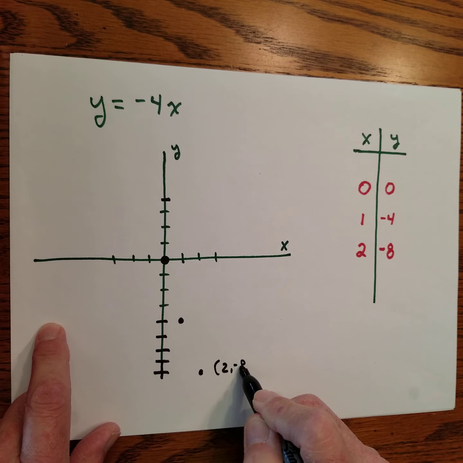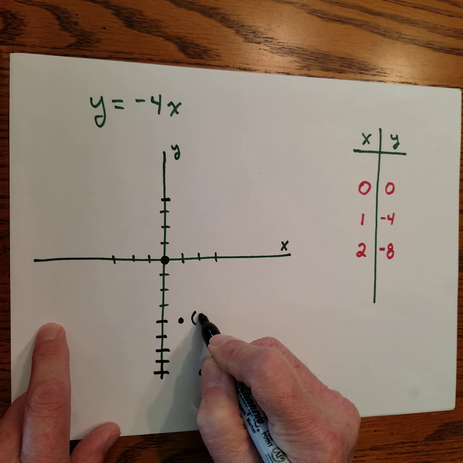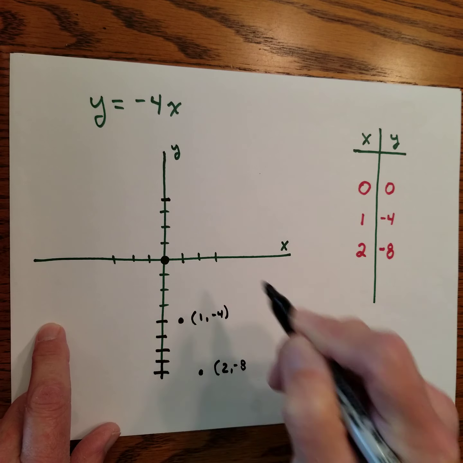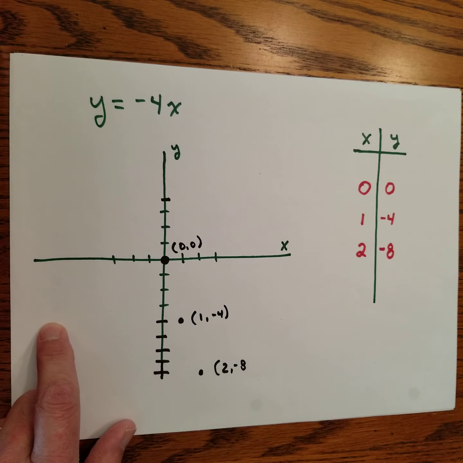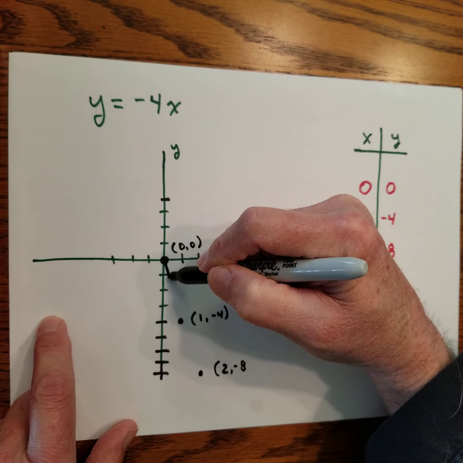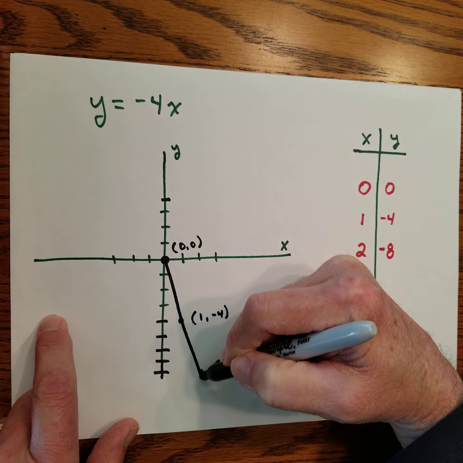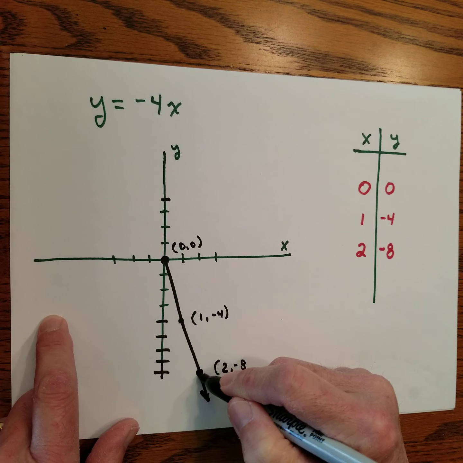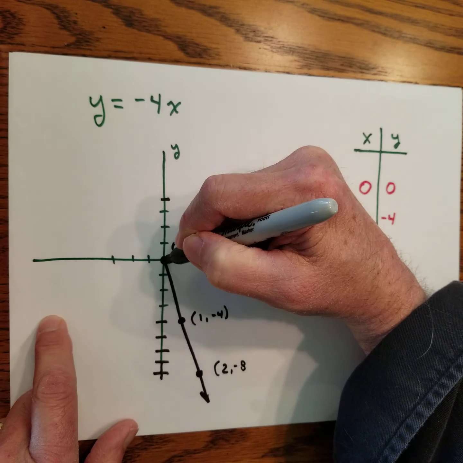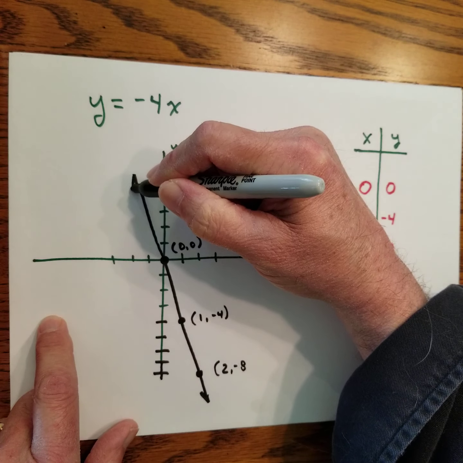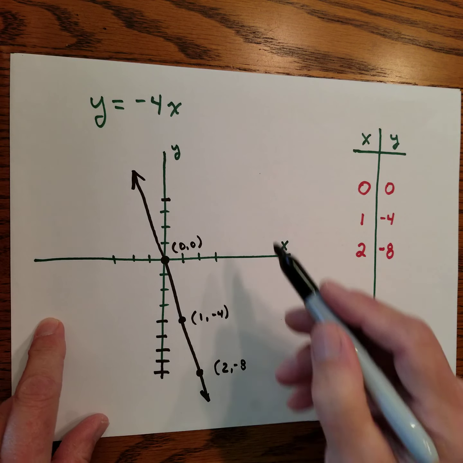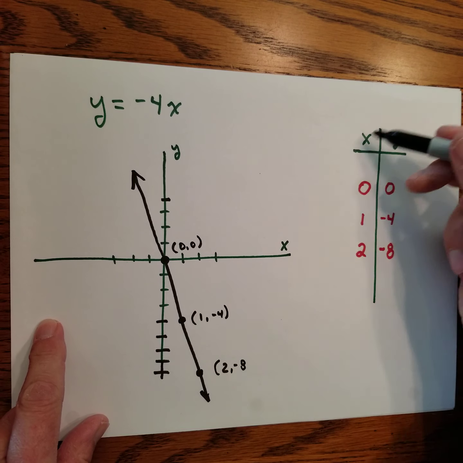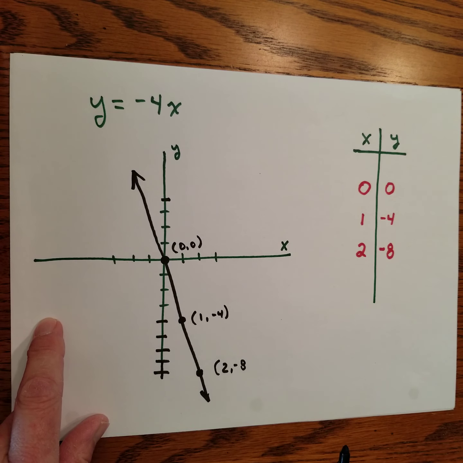There's x2, y negative 8, x1, y negative 4, and the origin is 0, 0. Those line up nicely. Let's run a straight line through them. Great. When you do these on your homework, I want to see the graph and your XY chart.